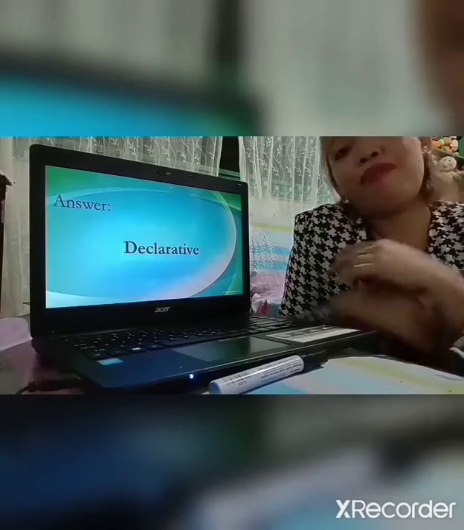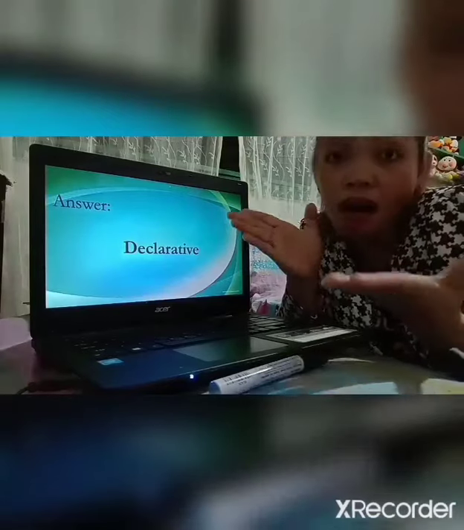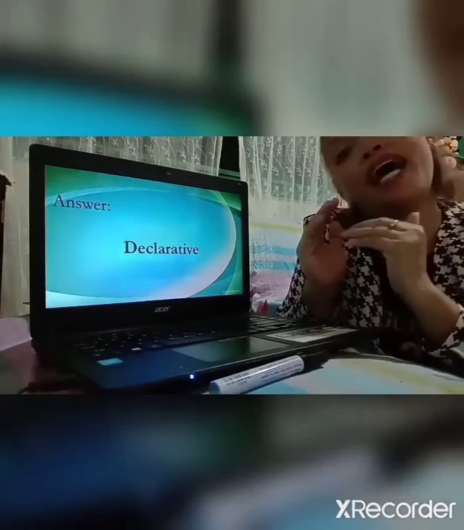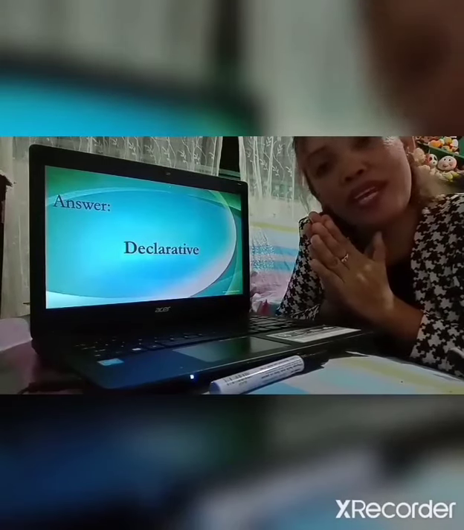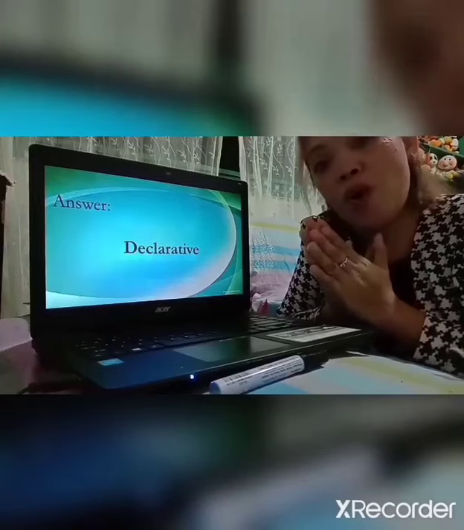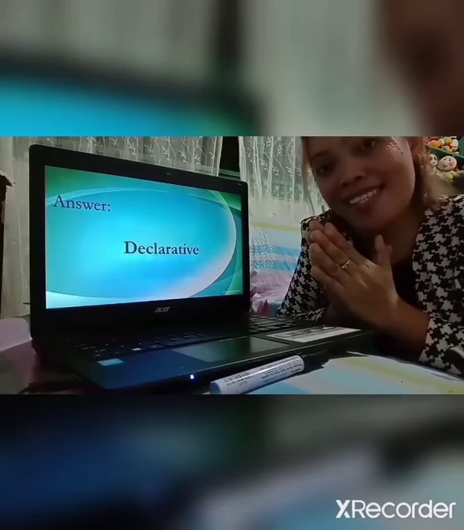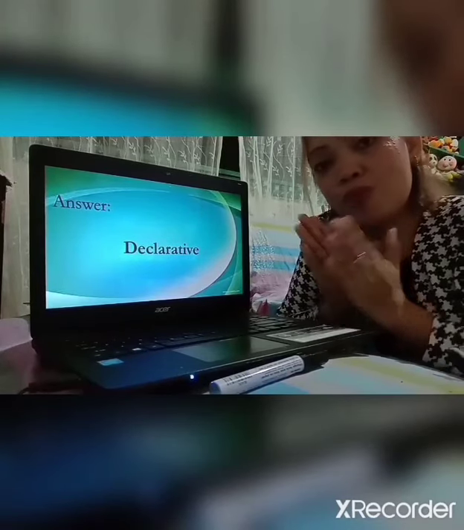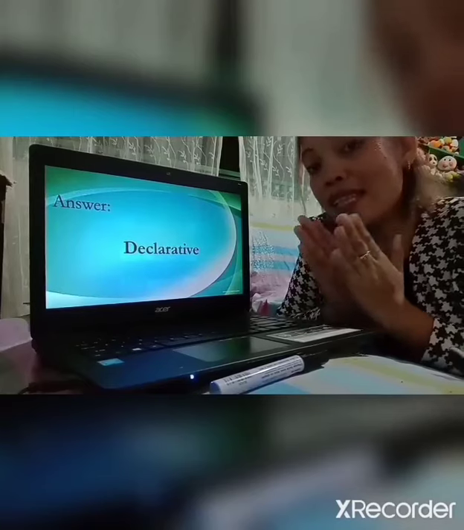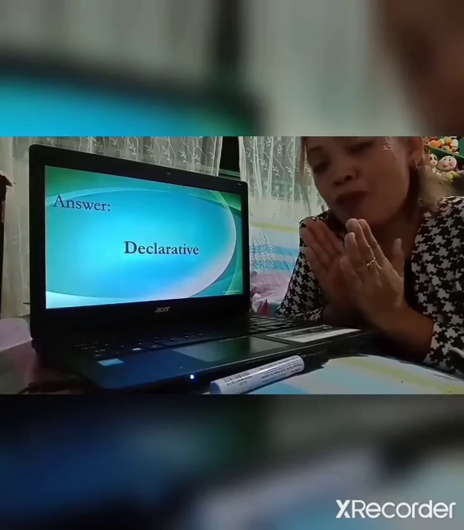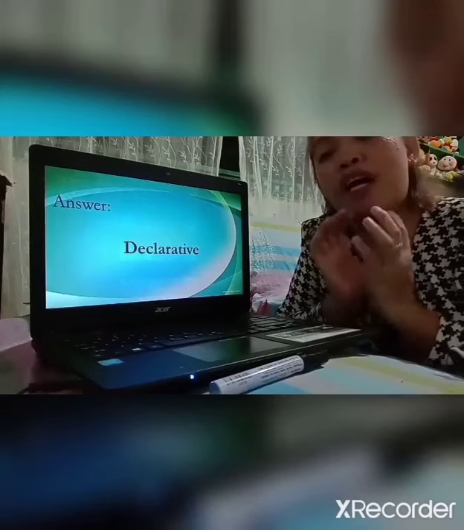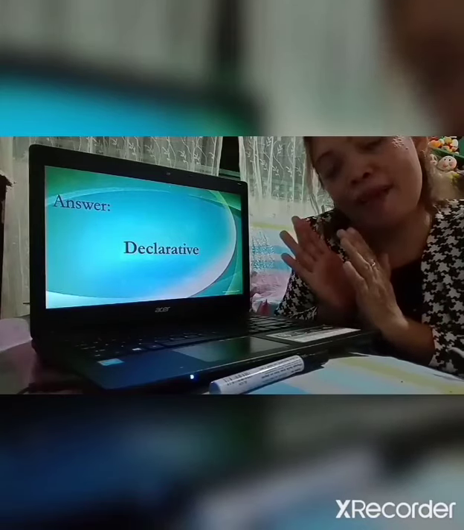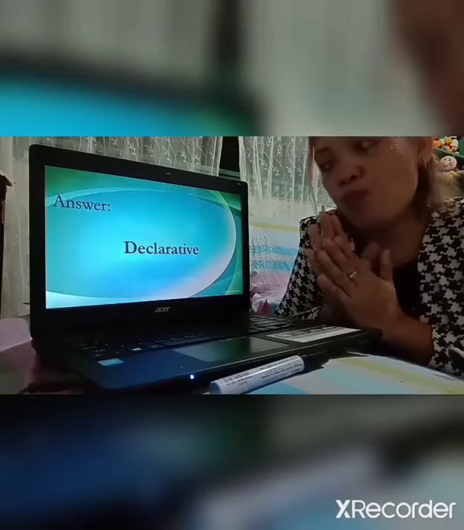Once again, before we end it, let's wrap up. What is a sentence? A sentence is a group of words that expresses a complete thought, meaning, or idea. It is written by capitalizing the first letter of the group of words, then we put a punctuation mark at the end, depending on the sentence purpose.